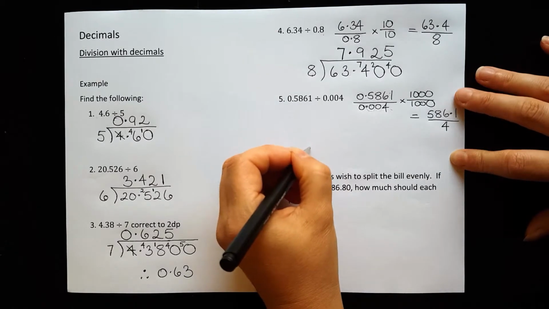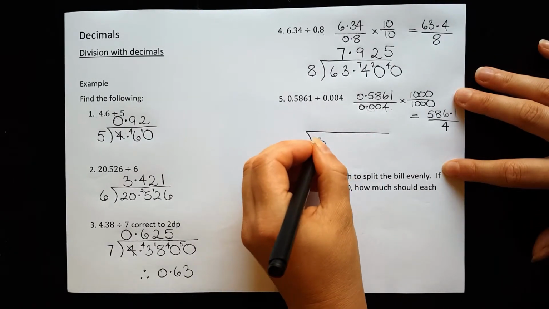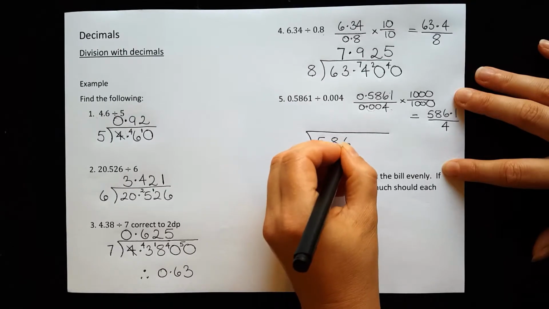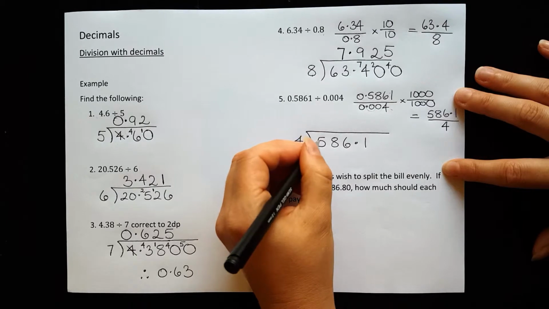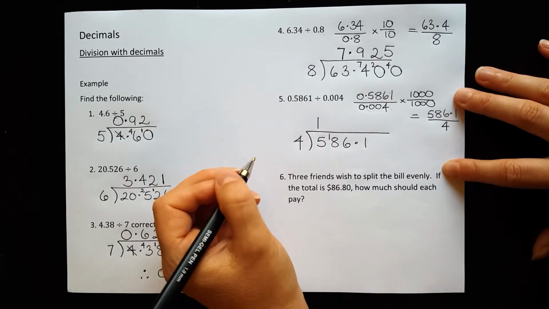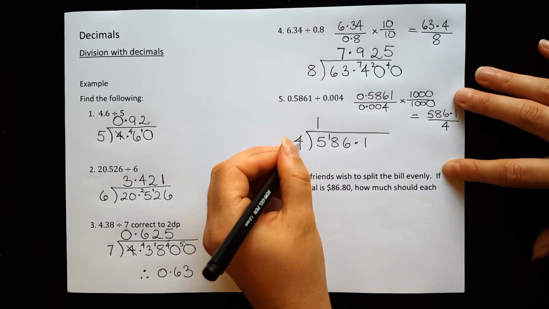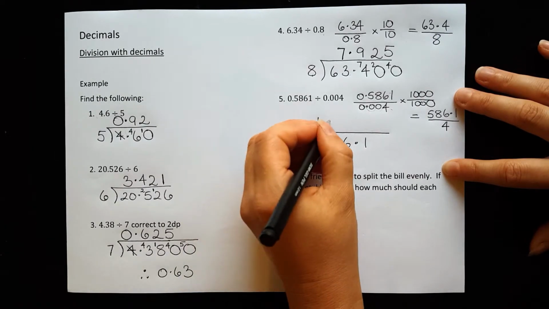Okay, so now for the divide problem, I have 586.1 that I want to divide by 4. 5 divided by 4 goes once with a remainder of 1. 18 divided by 4. 4 times 4 is 16.